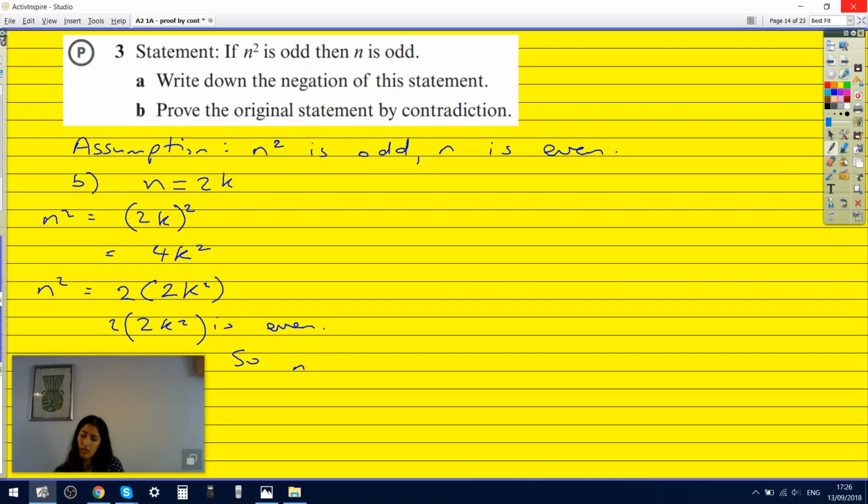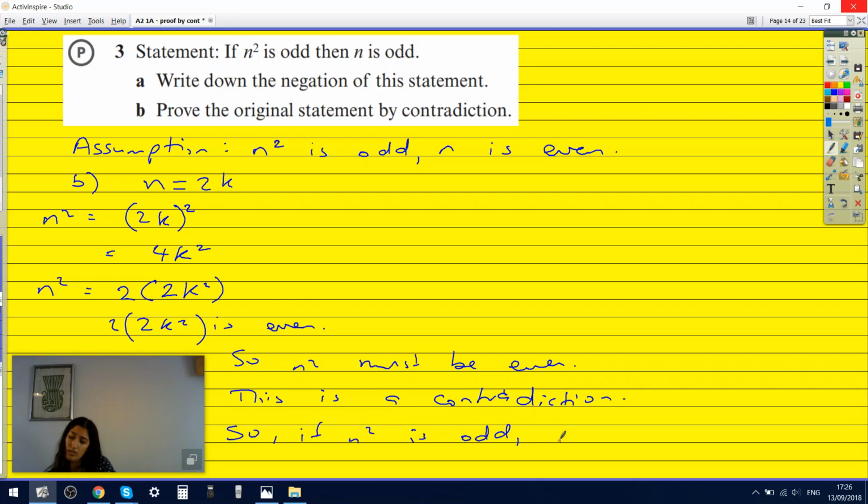So n squared must be even. Therefore, we would say this is a contradiction. Therefore, it is a contradiction. So if n squared is odd, then n is odd. Any questions there?